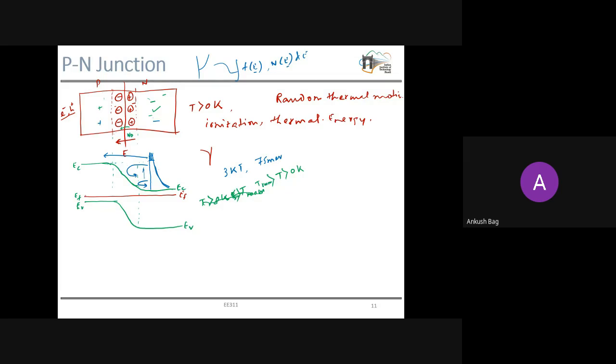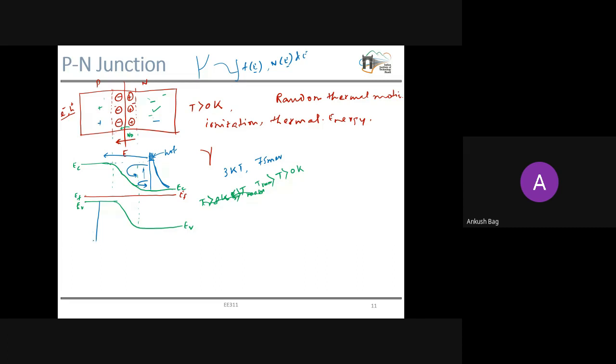Where is this energy coming from? It is all thermal energy. These electrons are hot enough, or have sufficient thermal energy, that they can cross this potential barrier and go to the P side.